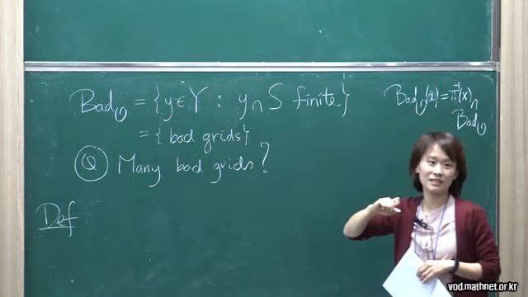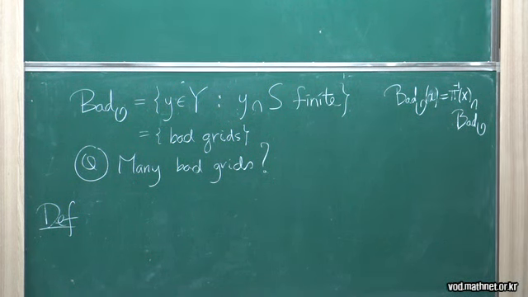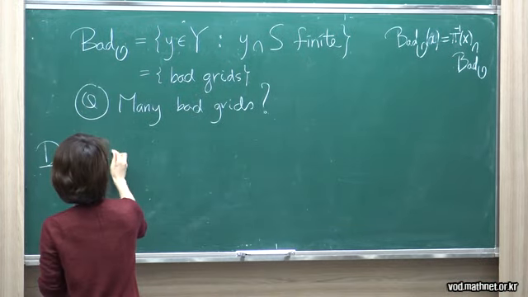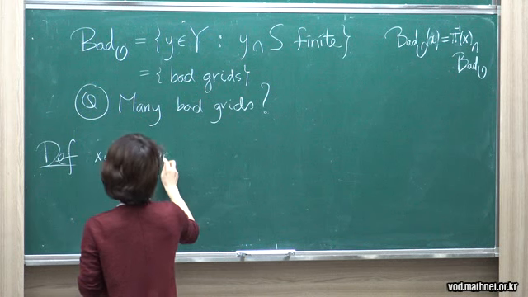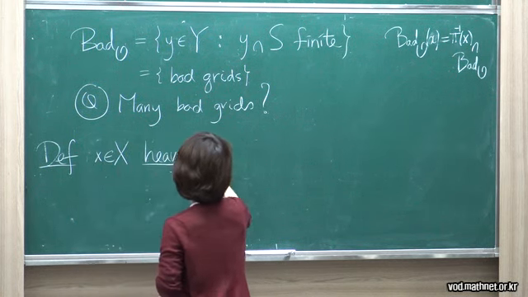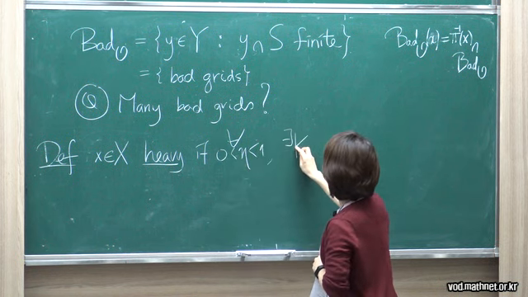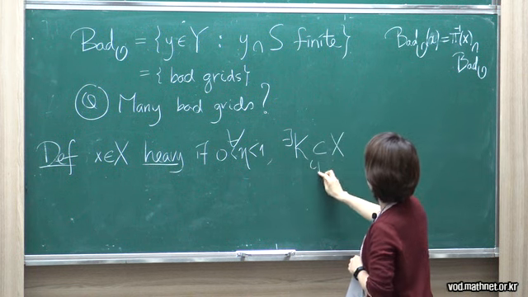Naturally, we would want to consider the grids that don't intersect the spike at all. But we have some application in mind, so instead we'll say that a lattice X is heavy if for every eta between 0 and 1, there exists some compact subset K in X.